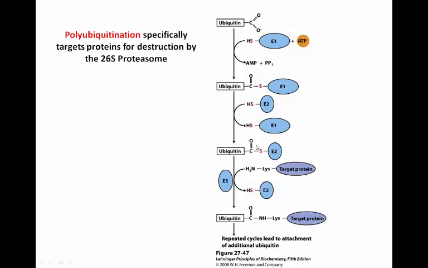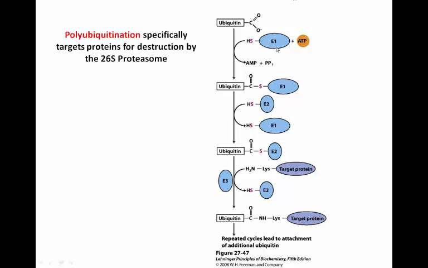So now here's E2 that has the ubiquitin on it, and then this ubiquitin is transferred to the target protein. And many of these target proteins, they're target proteins because they're defective. So defective proteins are targeted by ubiquitin, and that is the signal for degradation because we don't want defective proteins, we want functional proteins. And the enzyme that does this transfer is called E3.